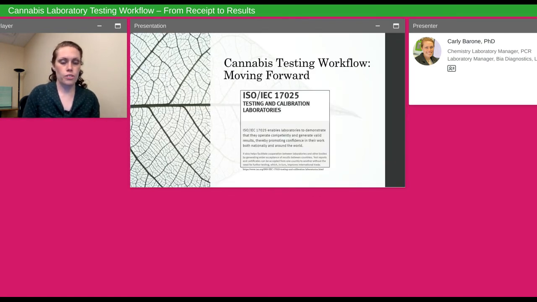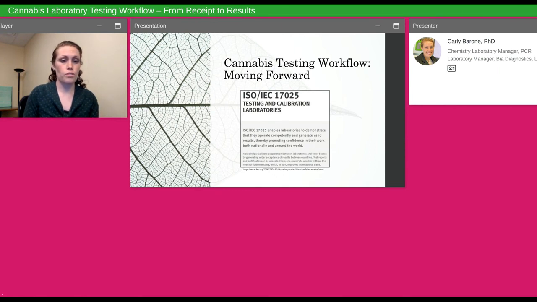Additionally, a great resource for laboratories is becoming ISO 17025. This is an accreditation body and a regulatory body, so essentially making sure that all of your methods are validated and you have a quality control system in place.